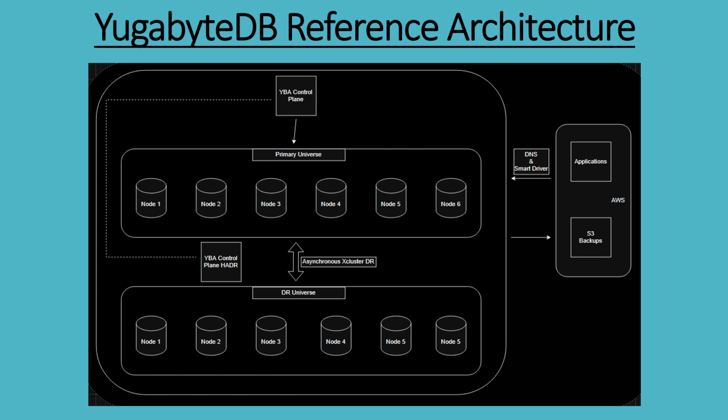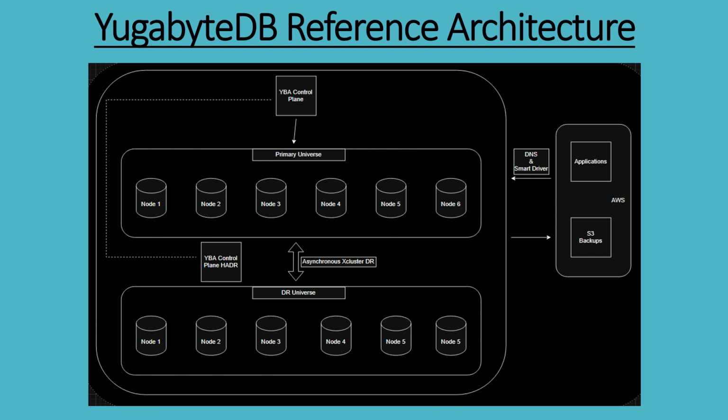So DR will have two clusters, whereas the primary universe may have one cluster. Another architecture is that in primary you can have 1, 2, 3 as a read-write cluster and 4, 5, 6 as read-only. Also in DR you can have 1, 2, 3 as read-write and 4, 5, 6 as read-only. So you are going to have a total of 2 universes and 4 clusters.